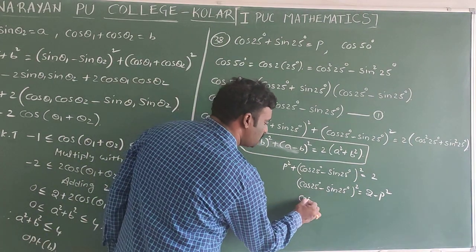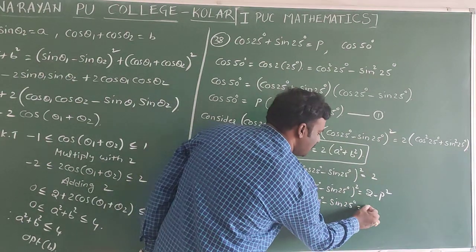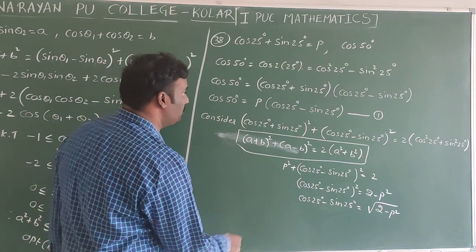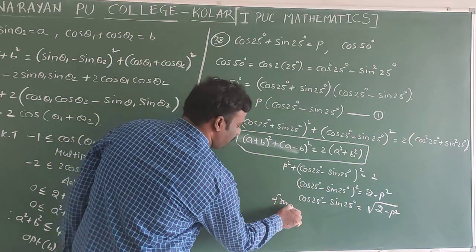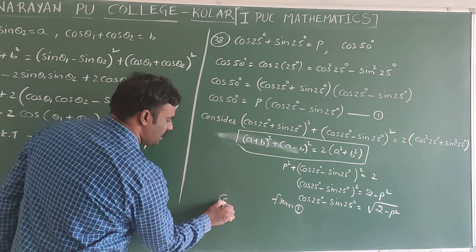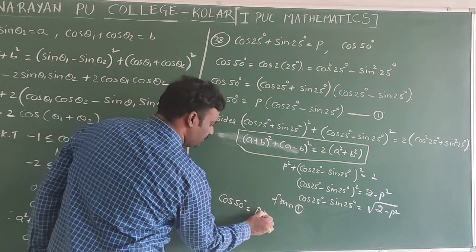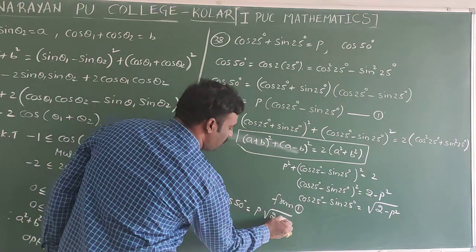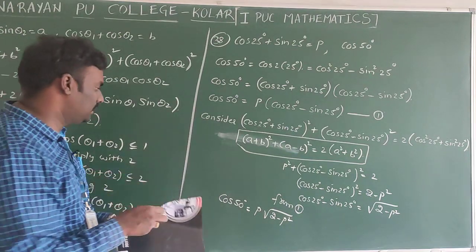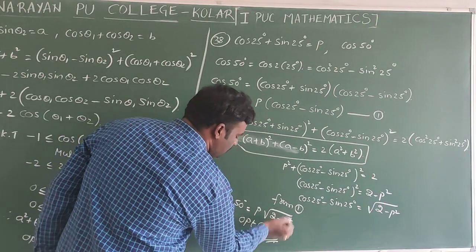Now cos 25 minus sin 25 is nothing but under root of 2 minus p square. Substitute this value in equation 1. From equation 1 I can write cos 50 is equal to p into under root of 2 minus p square, which is the answer for question number 38. That is nothing but option C is the correct answer.